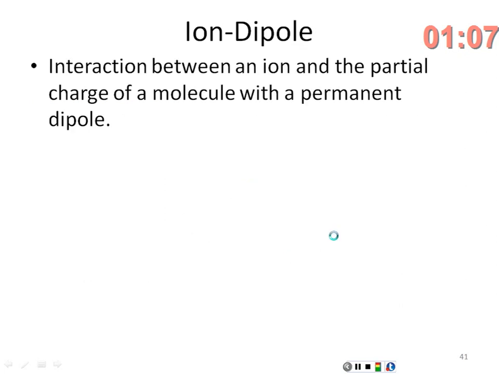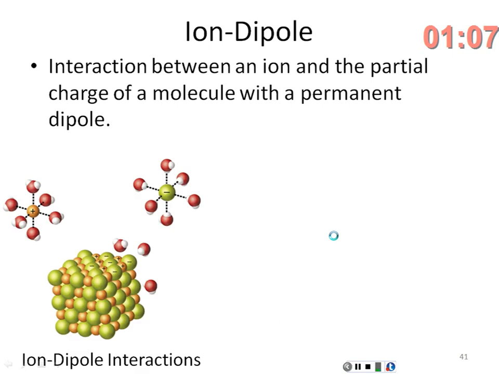Now if we look at ion-dipole, this is the interaction between an ion and the partial charge of a molecule with a permanent dipole, a polar molecule. And we've talked about this before in class too, if you remember, when we talk about an ionic solid dissolving in water.